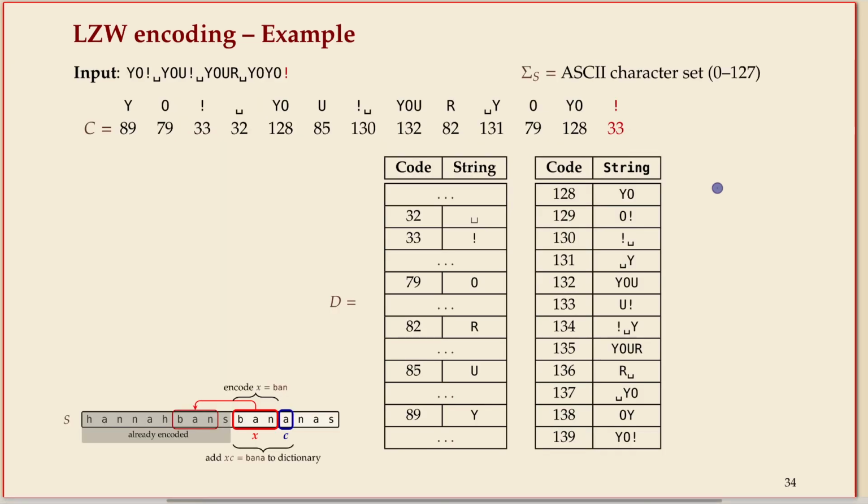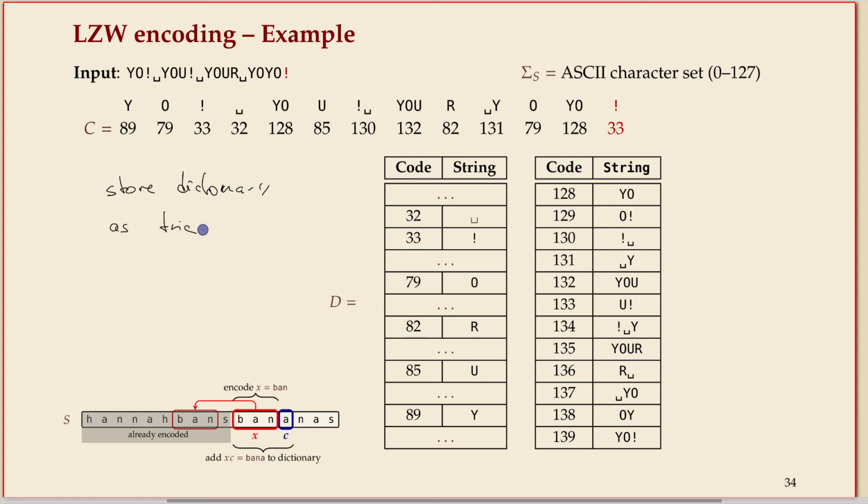If you're worried about how to find this longest string that is in the dictionary, a convenient way to store the dictionary for the encoding step is to store it as a trie.